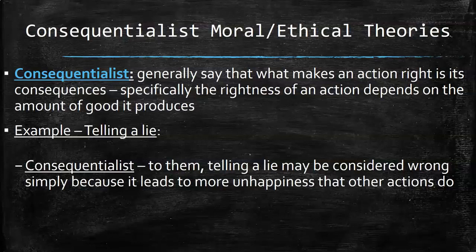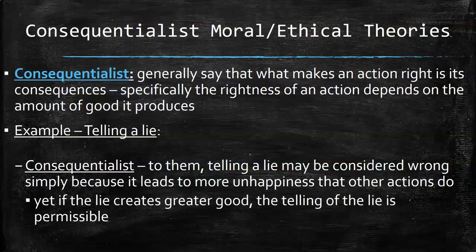If it's going to make them better to lie, which again is questionable, that's kind of what it's looking at. But it would also say even bigger lies, not just what maybe you and I think of as a white lie, a tiny, seemingly harmless lie. If the lie creates good, then telling a lie is permissible. That's what it's going to say.